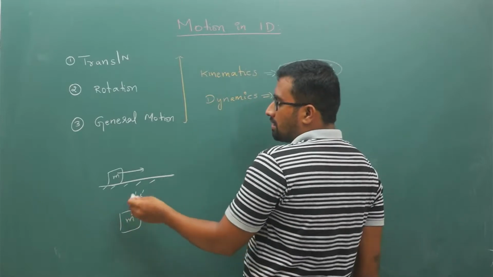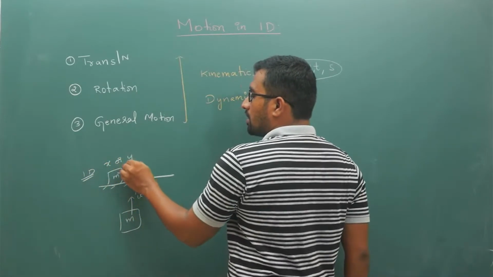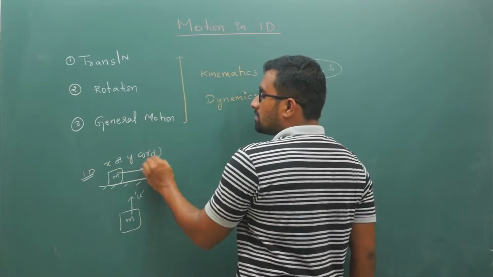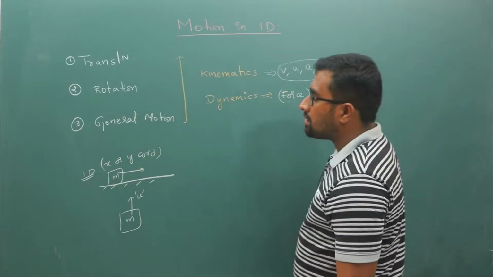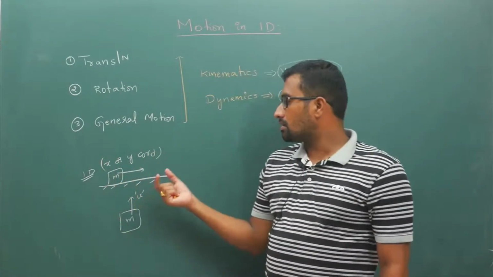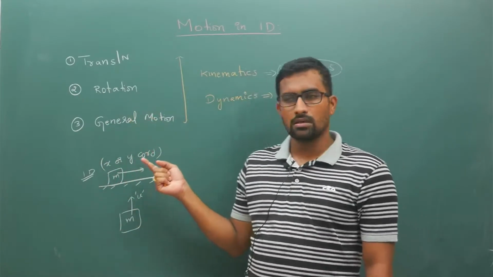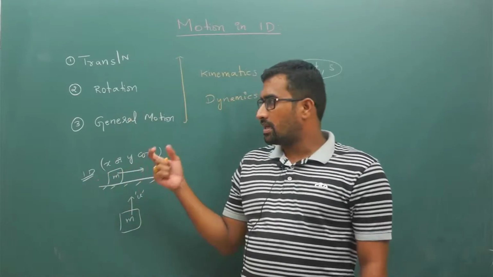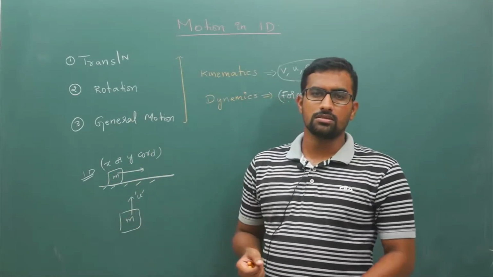Here in one dimension only either x or y coordinate, only one of these will change. In rotation both x and y will change. In general motion x y, and if it is in 3D x y z, all the coordinates will change.